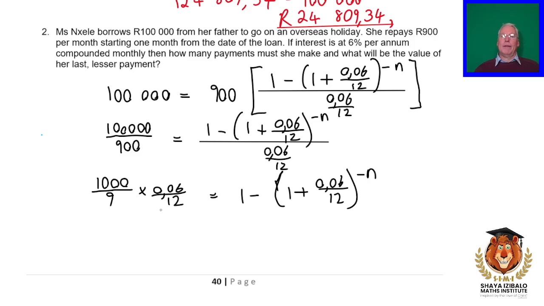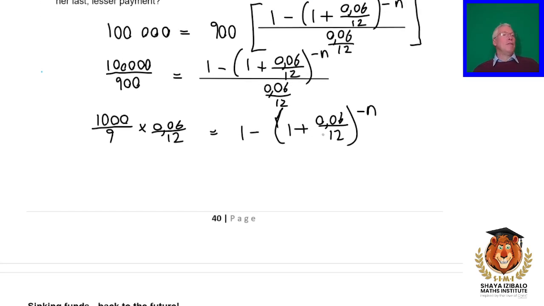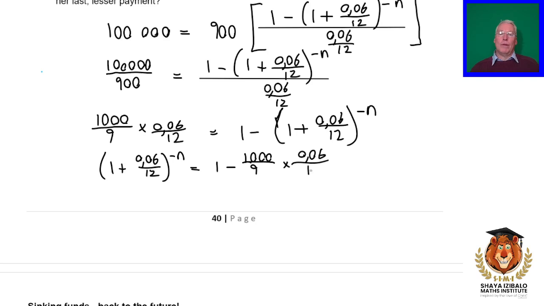to the minus n. Now what we're going to do is add this to both sides. So we're going to get 1 plus 0.06 over 12 to the minus n. And we're going to subtract the stuff that was on the left-hand side from both sides. So this is going to be 1 minus 1,000 over 9 times 0.06 over 12.